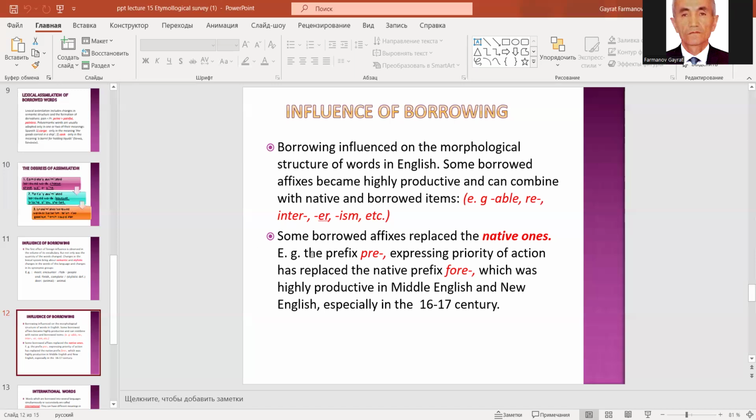For example, the prefix pre-, expressing priority of action, has replaced the native prefix for-, which was highly productive in Middle English and New English, especially in the 16th and 17th centuries.